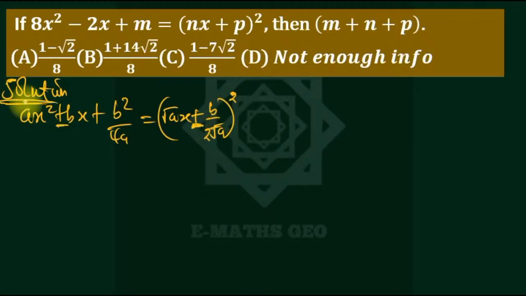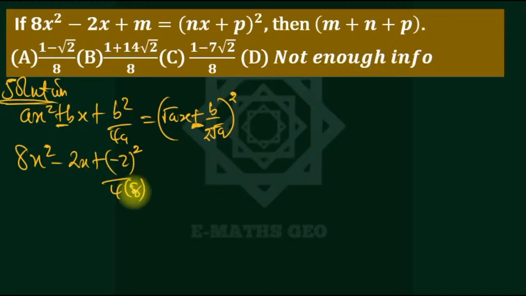So here we can see that for 8x squared minus 2x we will add, what is b here? b is minus 2, so we'll add minus 2 all squared over 4 times 8. a is 8. Do you get? It is 8. Why b is minus 2. And what will be the value that we'll get?